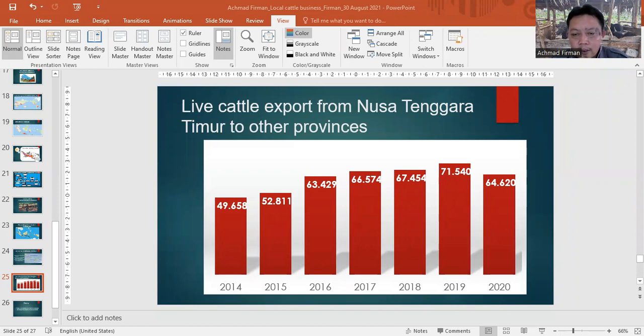These two ports serve 5 cattle transport ships every week. The provincial government sets a quota for cattle expenditure every year. This is intended to regulate the balance of supply and demand for live cattle.